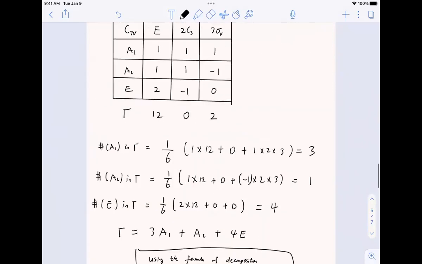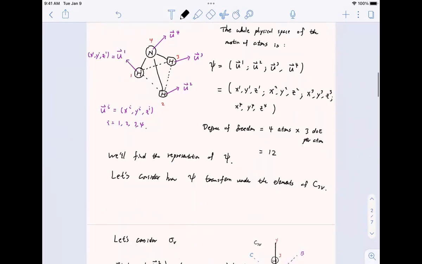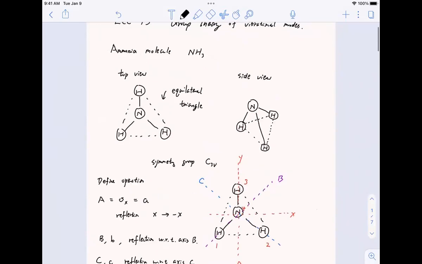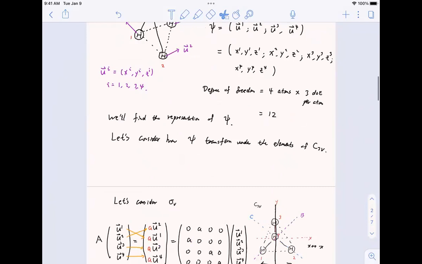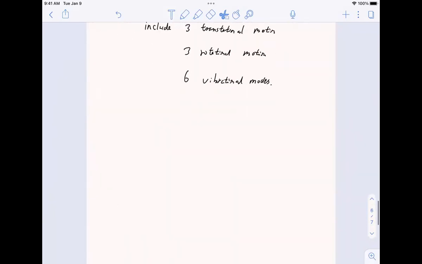So what do you mean? Let's get this molecule.